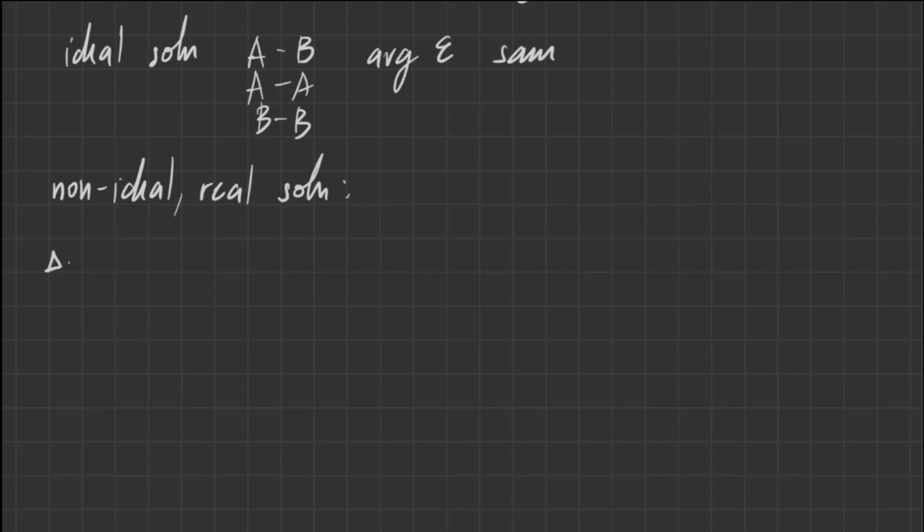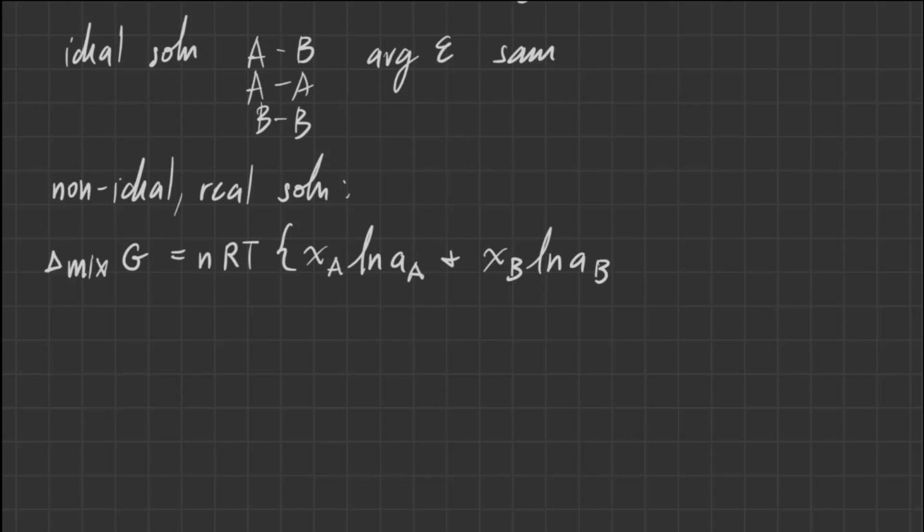The delta G of the mixture between A and B in a non-ideal solution is equal to nRT multiplied by the molar fraction of A times the natural log of the activity of A plus the molar fraction of B times the natural log of the activity of B. So notice that this activity term replaces the molar fraction in the ideal solution formula.